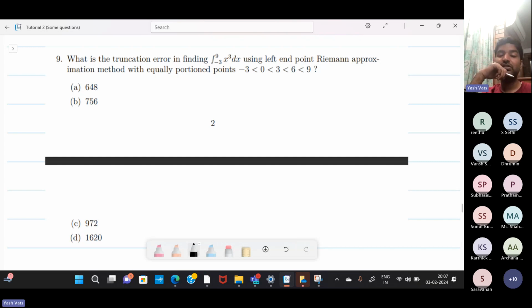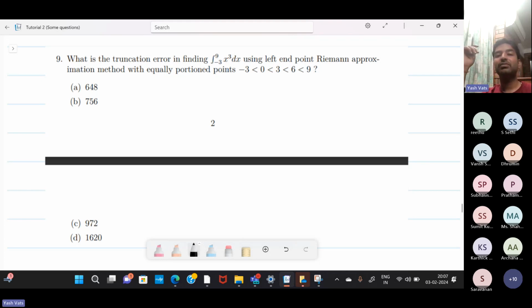Like in the sin x series approximations, we chop up to some places, and then the remaining terms contribute to the error. But here it just means absolute error, right? So just calculate the actual value of this integration and compare it with the Riemann approximation with equally spaced points.